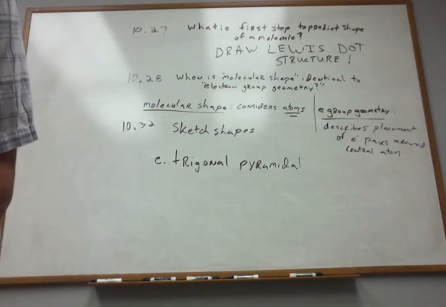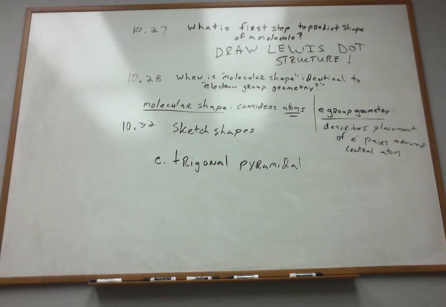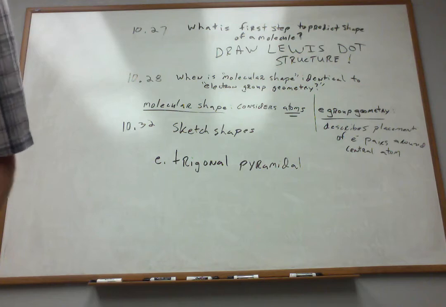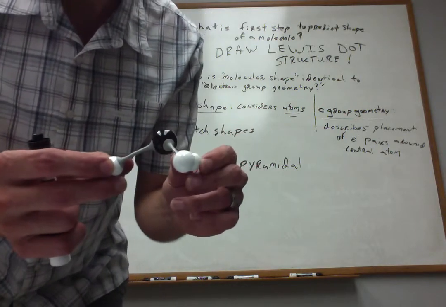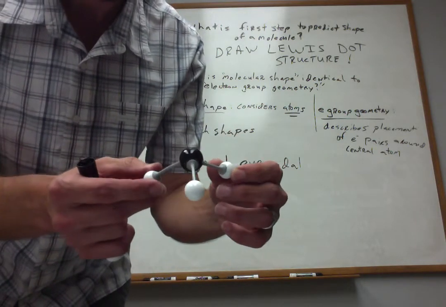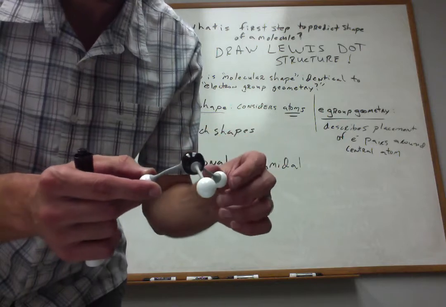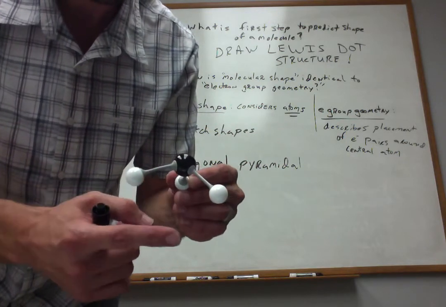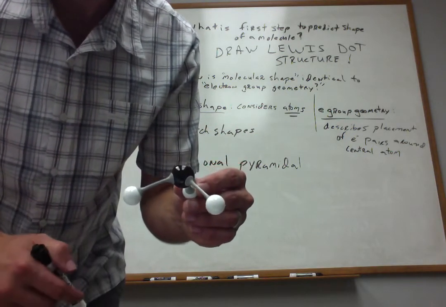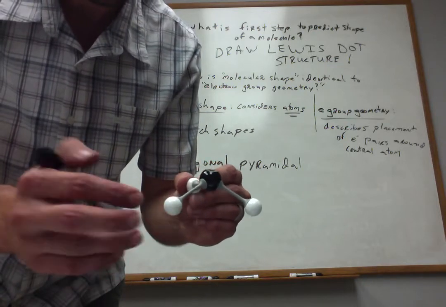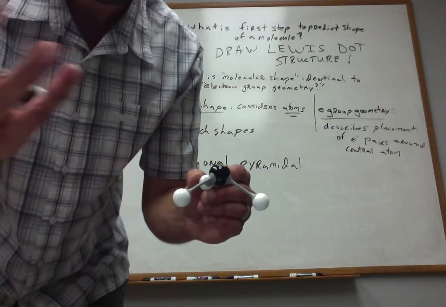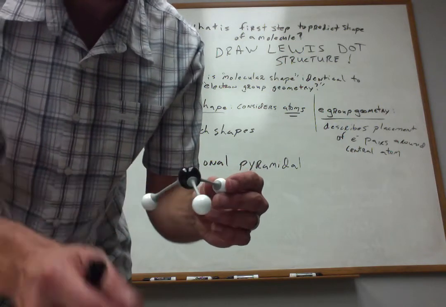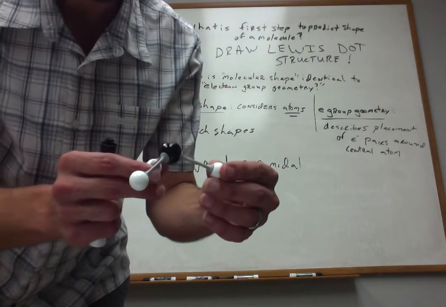So the trigonal pyramidal geometry would look like this: central atom in black, three other groups bonded to it. Now, if you're going to encounter this structure, there'd actually be a lone pair of electrons right here in your Lewis dot structure. That's not shown because I'm considering molecular geometry here, okay? This is what our trigonal pyramidal structure would look like.